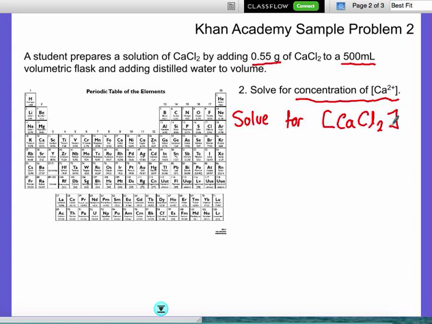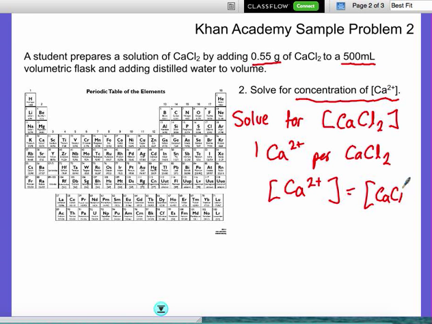And then because there's one calcium ion per CaCl2, or per mole of CaCl2, the concentration of Ca2+ will equal the concentration of CaCl2.